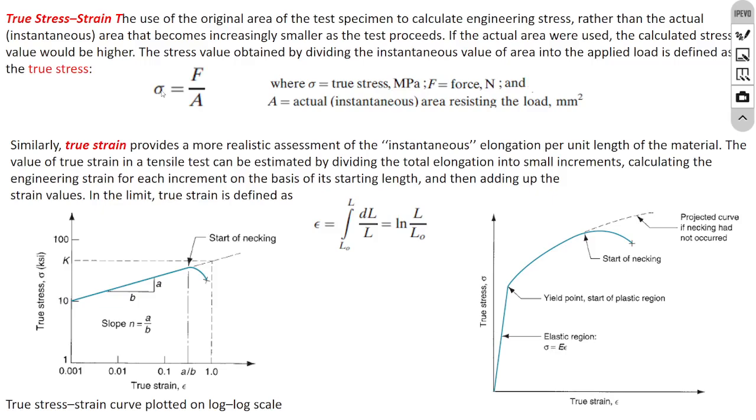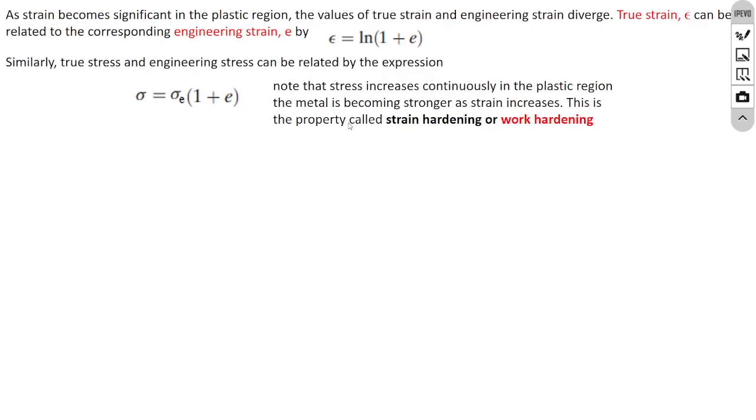Using engineering stress, we can calculate the true stress. How? Well, true stress is equal to engineering stress times 1 plus what? Engineering strain. Lowercase e is engineering strain.